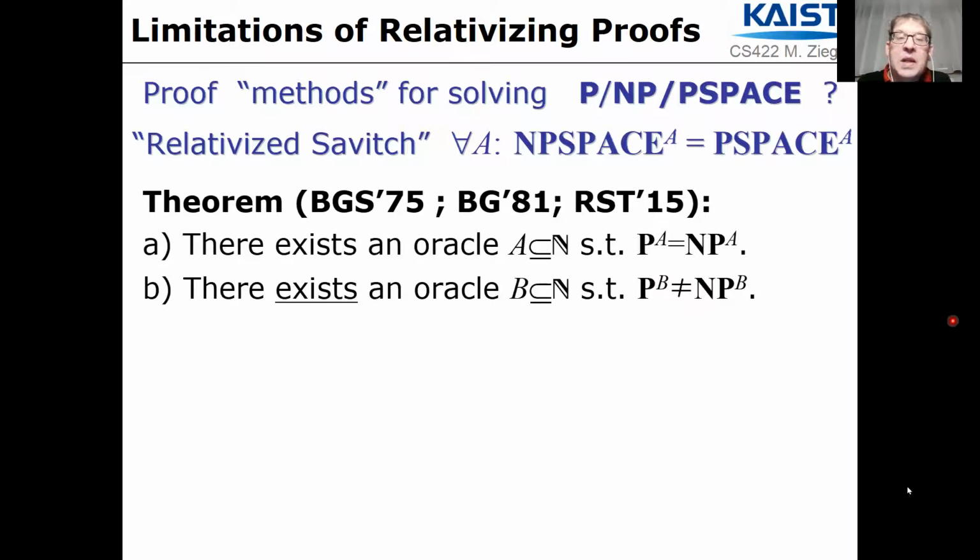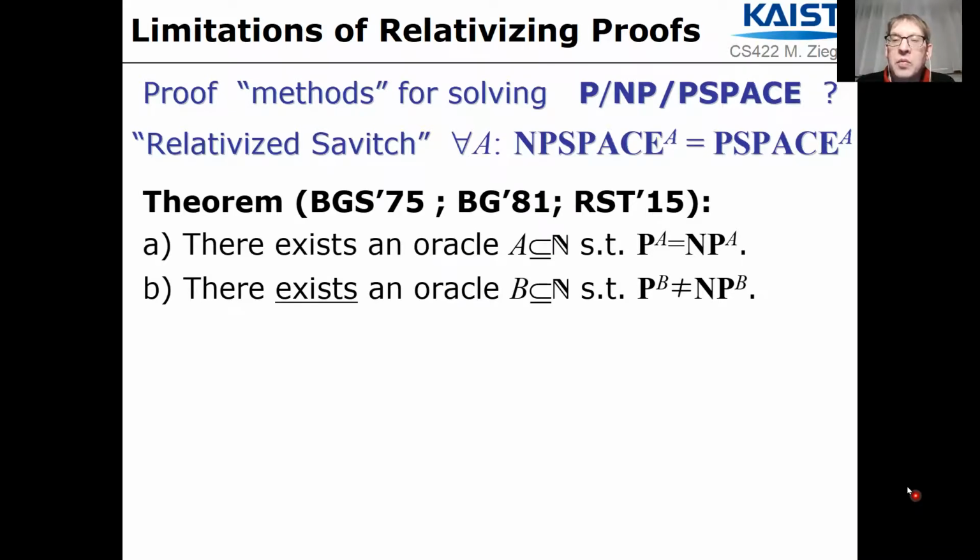Namely, there exists an oracle, admittedly an artificial one, such that P with respect to that oracle is provably different from NP with respect to that oracle, meaning that, again, relativizing proof techniques cannot prove P equal to NP.